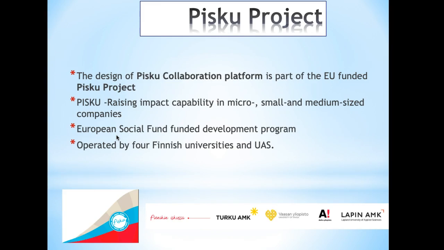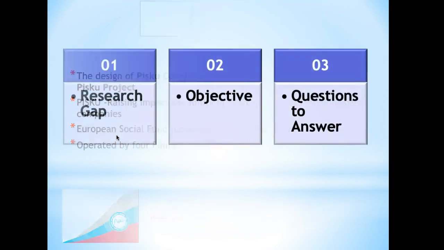The funding is coming from the European Social Fund, which is a developmental program. And one thing that is very interesting for this project is that it is being operated by 4 universities in Finland, and among them some are Universities of Applied Sciences, but all of them come from 4 regions in Finland.